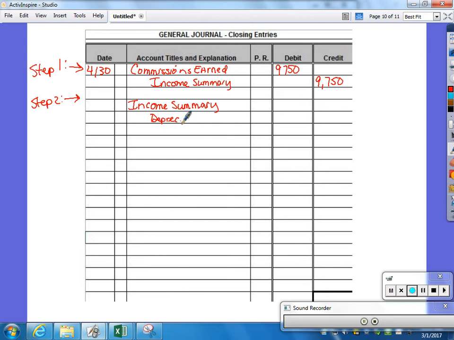So we have depreciation expense, salaries expense, insurance expense, rent expense, office supplies expense, repairs expense, telephone expense.